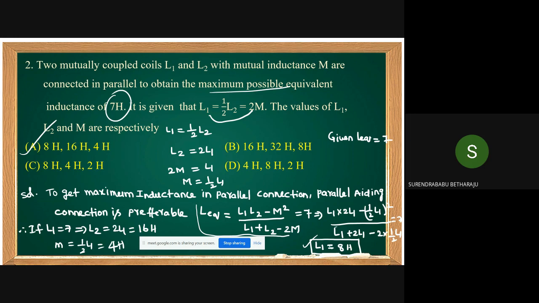Once I know L1, L2 equals 2L1, which is 2 into 8, 16 Henry. M equals half L1, 8 by 2, which means 4 Henry. Then 8 Henry, 16 Henry and 4 Henry. Clear? Understood, students? Next.